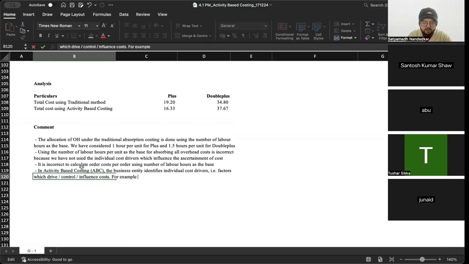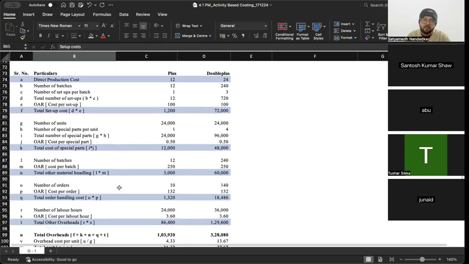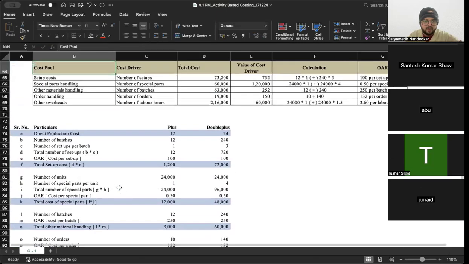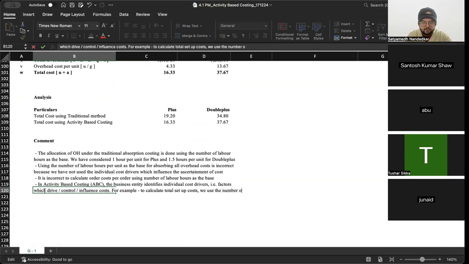For example, to calculate the total setup cost, we use the number of setups as the base.